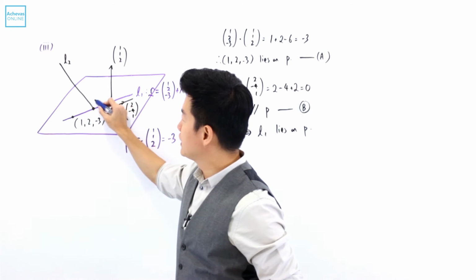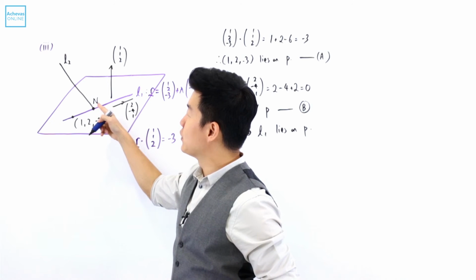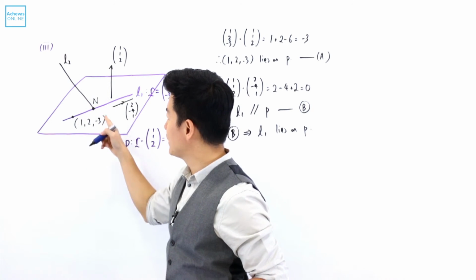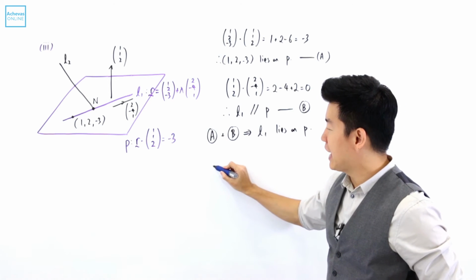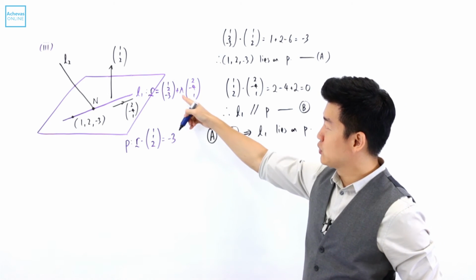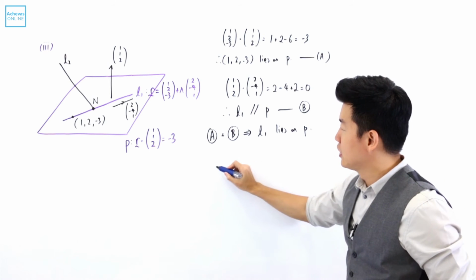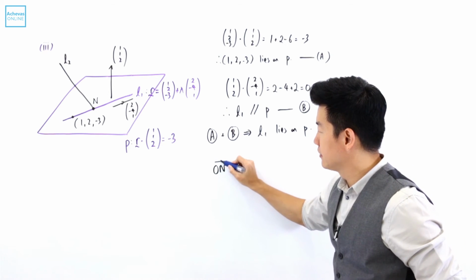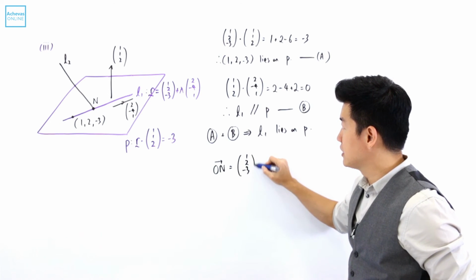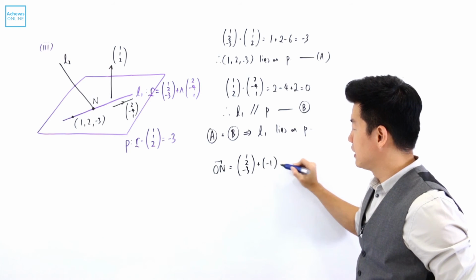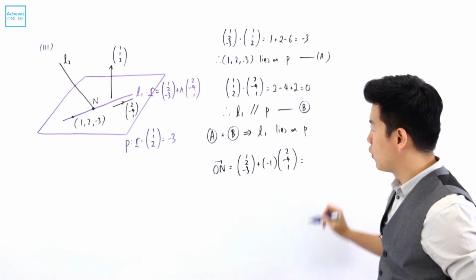So if I call this point N, the point where L2 and L1 meet, which is also the point where L2 intersects P, I can find it by substituting lambda as -1 from part 2 of the question. So ON is going to be equal to (1, 2, -3) plus lambda, which is -1, of (2, -4, 1).